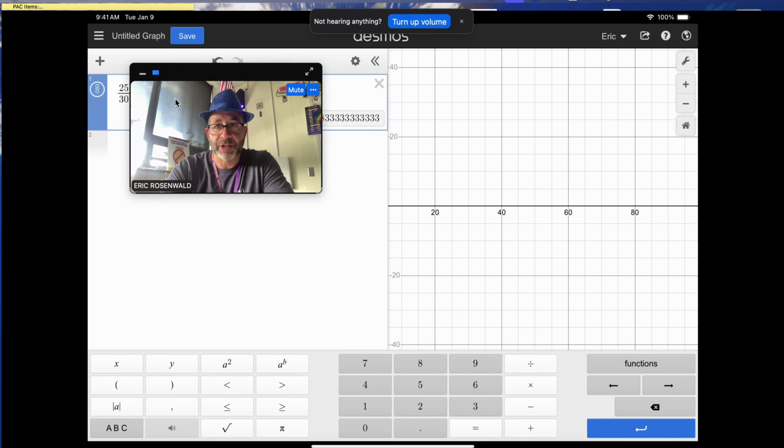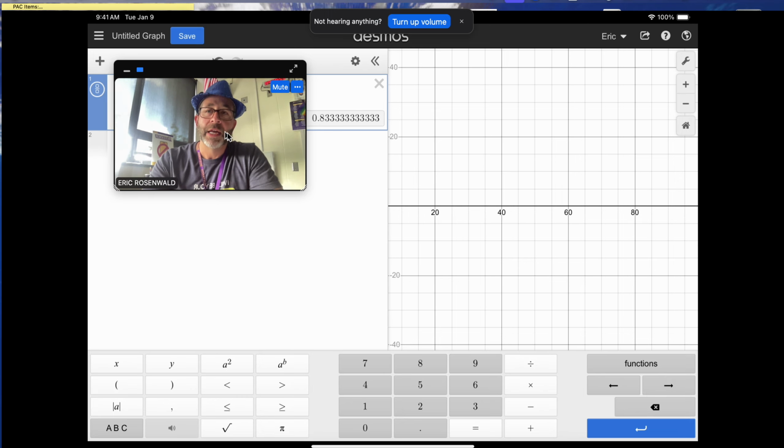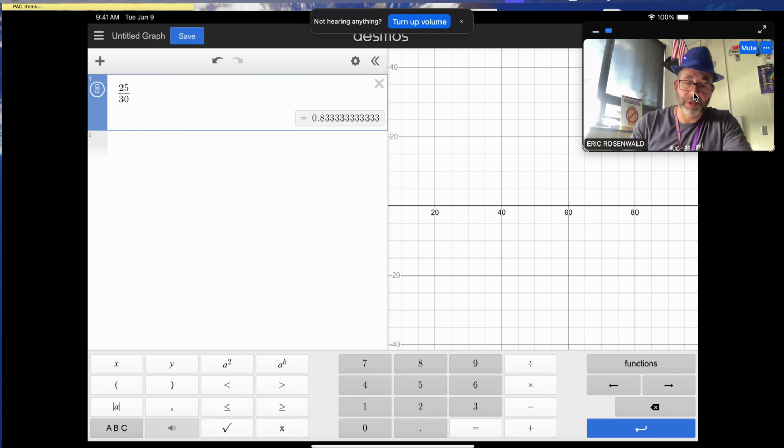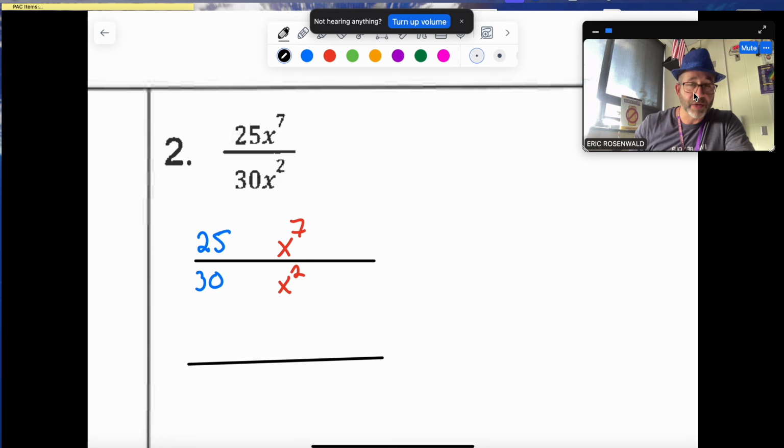Now I'm going to move so that I'm actually pointing here. That little spot right there on your screen, that's the button that we use for converting things back into fractions. So we're going to use that, and that's going to be simply 5 over 6. So going back and reducing 25 over 30, we now know that that's going to equal 5 over 6.